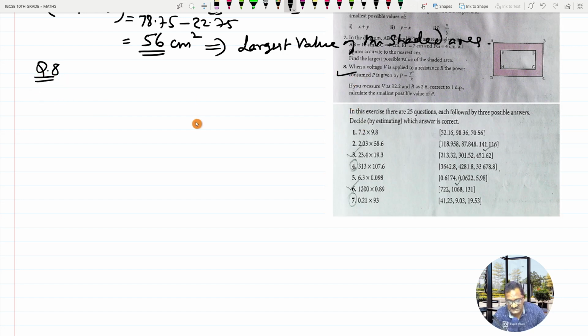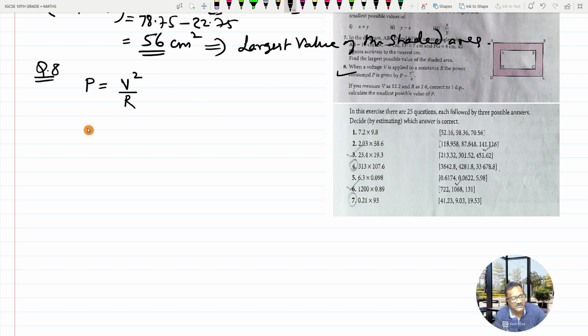It says that when the voltage V is applied to a resistance R, the power consumption P is given by a relation between the power, the voltage and the resistance. So this is the relation: power is equal to voltage square upon the resistance.